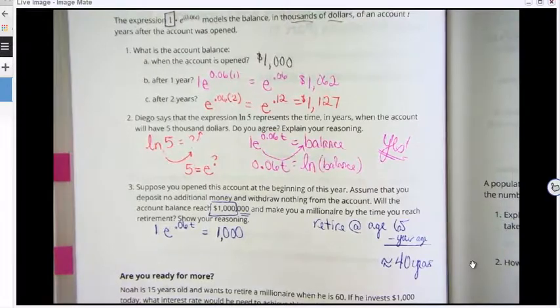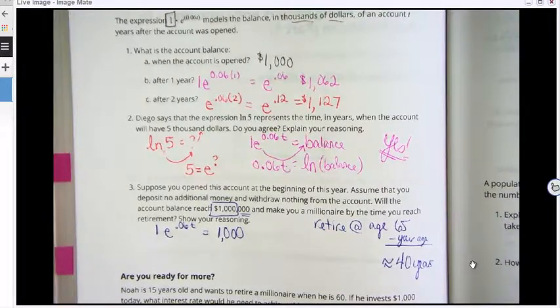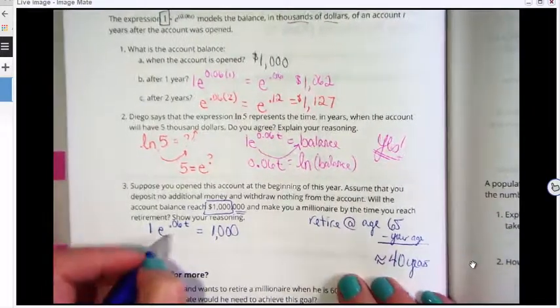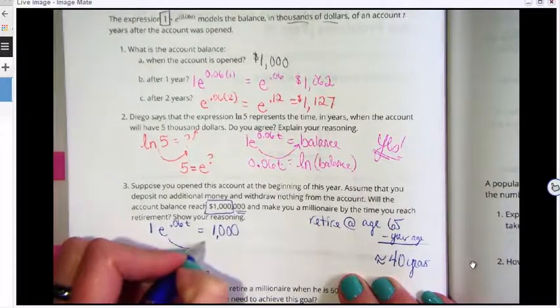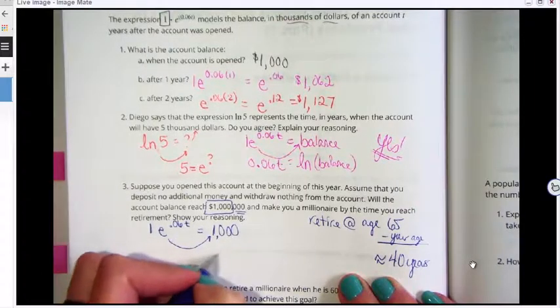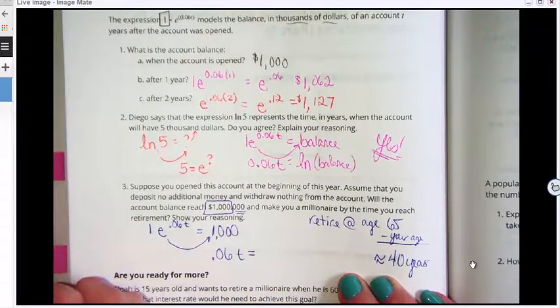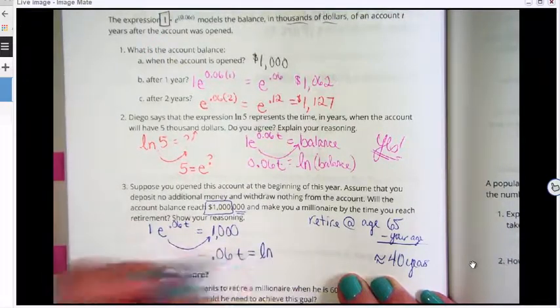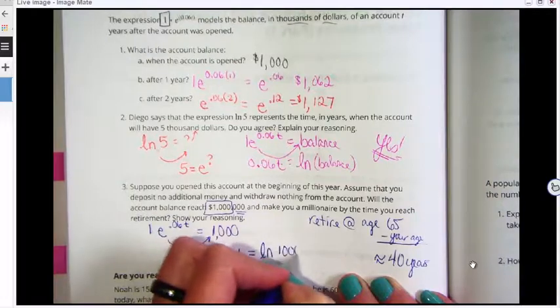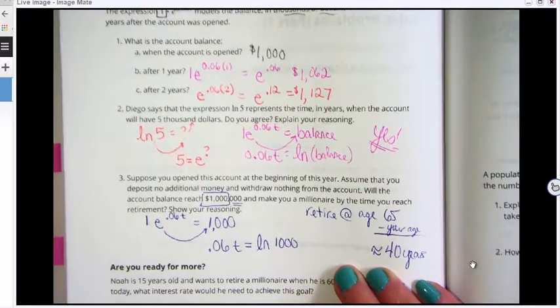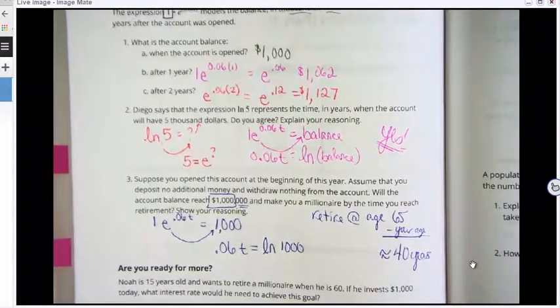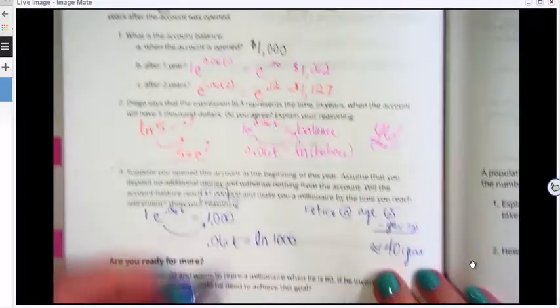Now I mentioned I'm going to use my Desmos to solve this, but I also want you to know that we could roll that e to the other side. We saw in our last lesson how we can solve any equation just using straight up algebra.